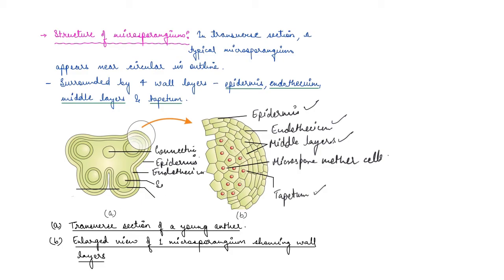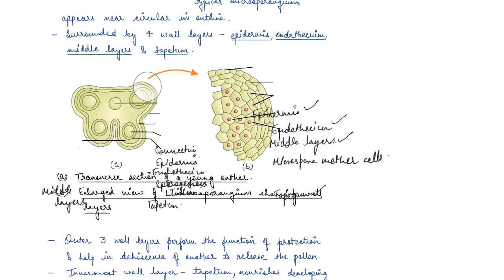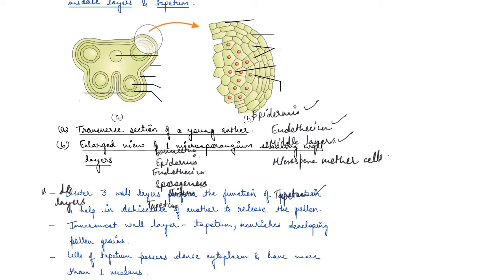Now these are the sporogenous tissue. Okay, and then you have the innermost layer, which is tapetum, and you have middle layers as well. So basically there are sporogenous tissues present which occupy the center of each microsporangium, right? So basically this is the structure of a microsporangium, right?